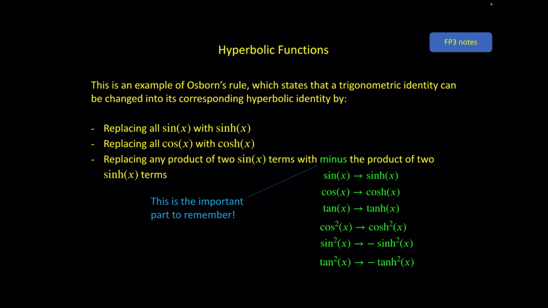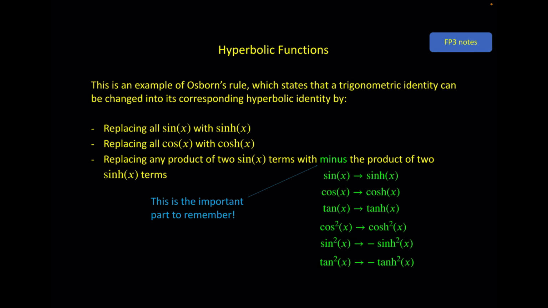The sine squared becomes a minus sinh squared, and the cos squared becomes a cosh squared, so your tan squared, when you change from a trig identity to a hyperbolic identity, becomes a minus tanh squared. So even if it's not explicit, if it's hidden within other terms, any sine squared, any product of two sin x terms or implied product of two sin x terms must be replaced with a minus product of two sinh x terms.